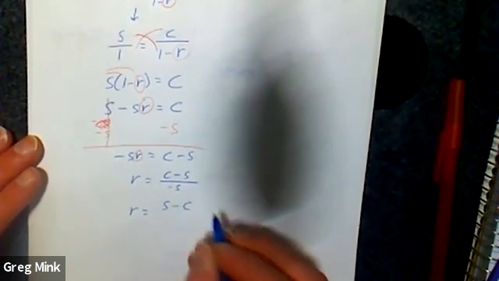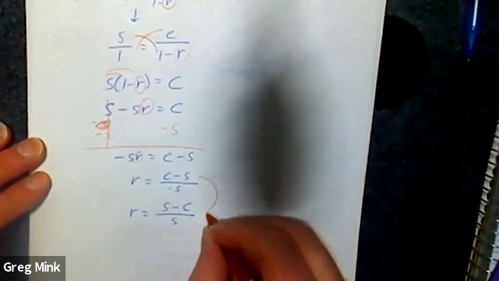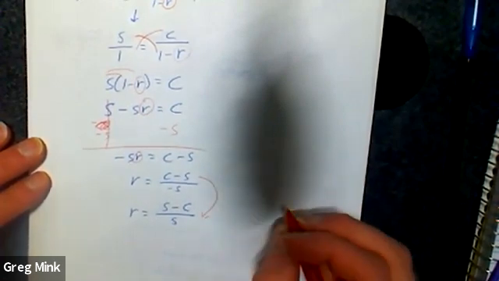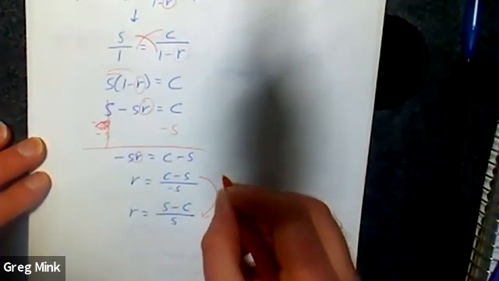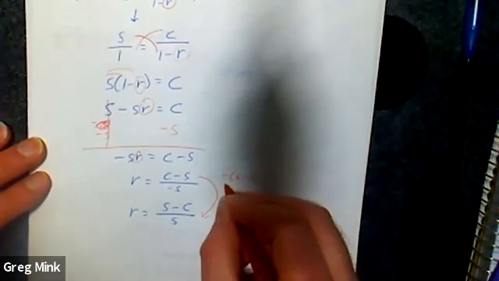Now, that is technically correct, but the book will probably write it like this, I'm guessing. The reason is it's a little nicer. We usually don't like a negative in the bottom. If we write it like this, we can move the negative up top.